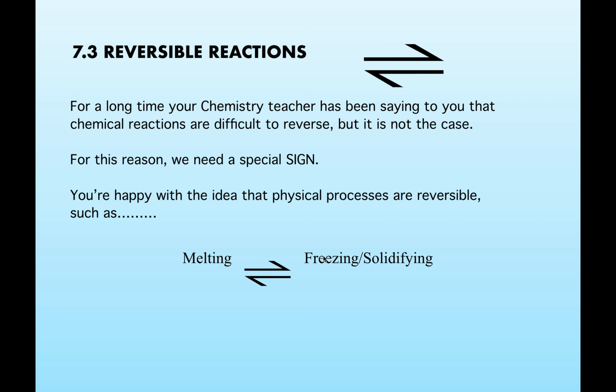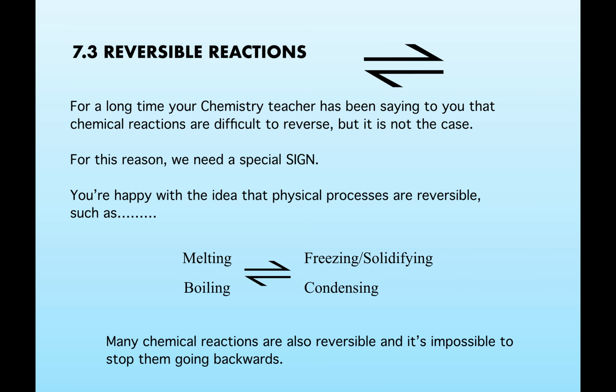If you lower the temperature again, the solid will form. The same goes for boiling. If you heat up a liquid, it will form a gas, but if you cool the gas down, it will condense and reform the liquid. So, basic idea, many reactions are reversible, and sometimes it's even impossible to stop them going backwards.